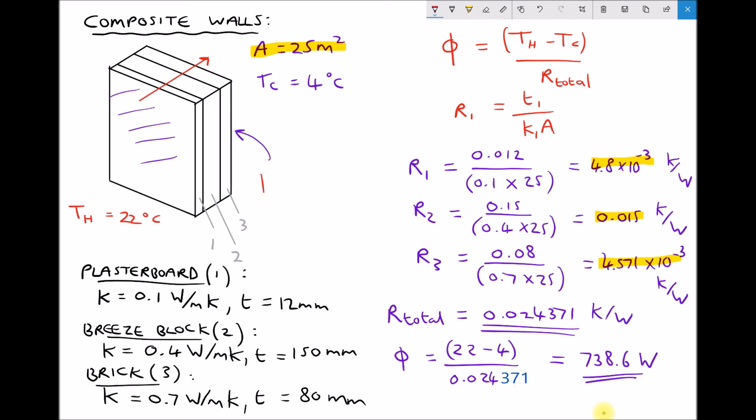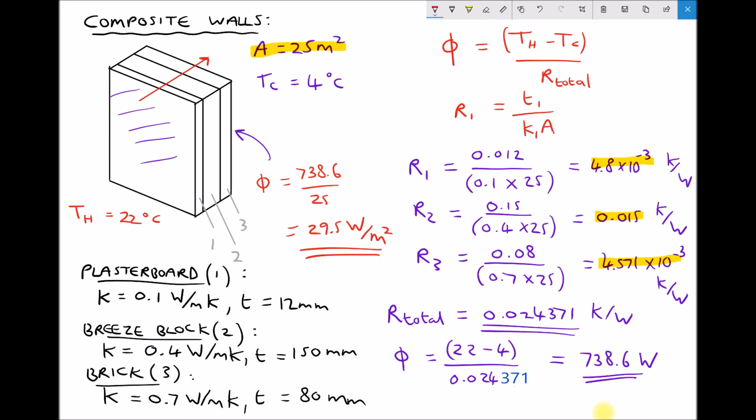So our rate of heat transfer per metre then is going to be 738.6 divided by 25, which equals 29.5 watts, but it's important to remember to specify that that's watts per metre squared now.